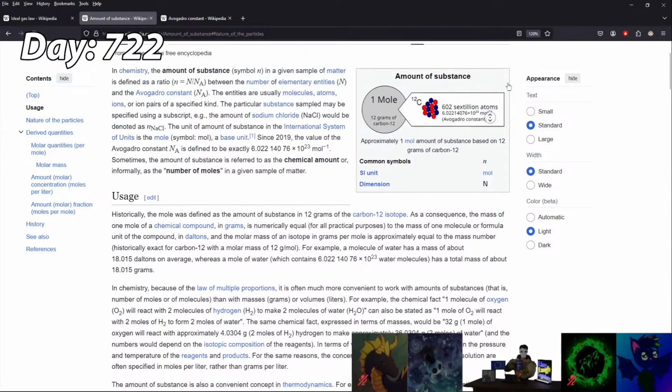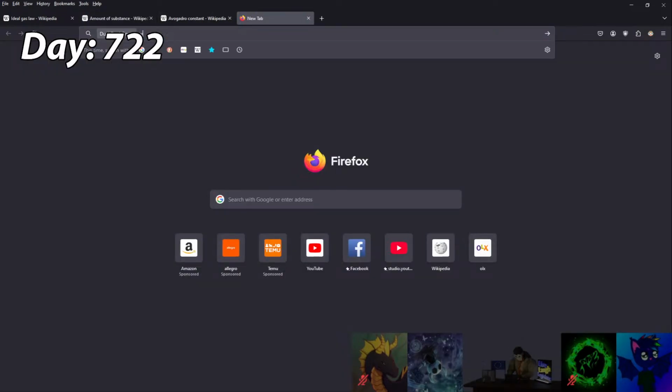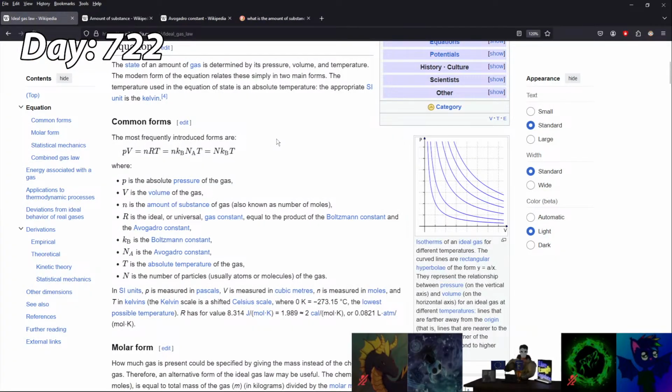What is the amount of substance? Also, I may be wrong, but n is the amount of substance of gas, and N is the number of particles. But they're different.